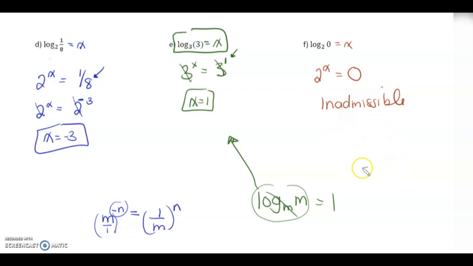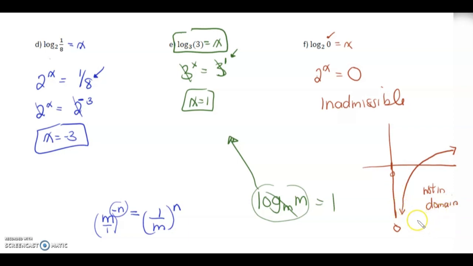The reason why this is inadmissible is because if we consider the logarithmic function, when is the logarithmic function going to equal 0? Well, it's not, right? Because it's not in the domain. Because there's a vertical asymptote at x equals 0.